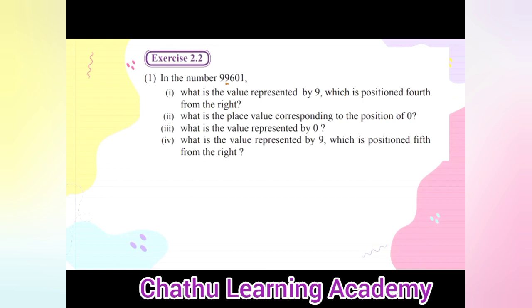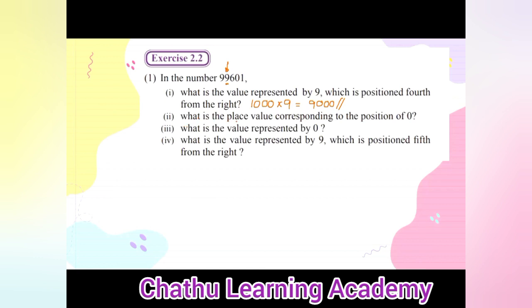Then they ask, what is the value represented by this 9? Then we want to find the place value of this number. Ones place, tens place, hundreds place, here thousands place. Then what is the place value of thousands place? It's equal 1000. Then here digit is 9. Then the value represented by this digit is equal 9,000.